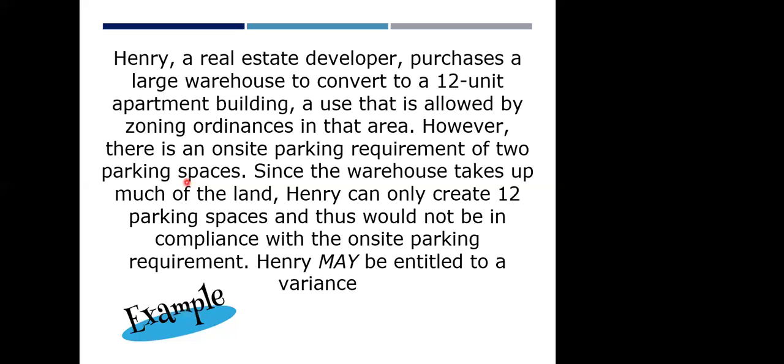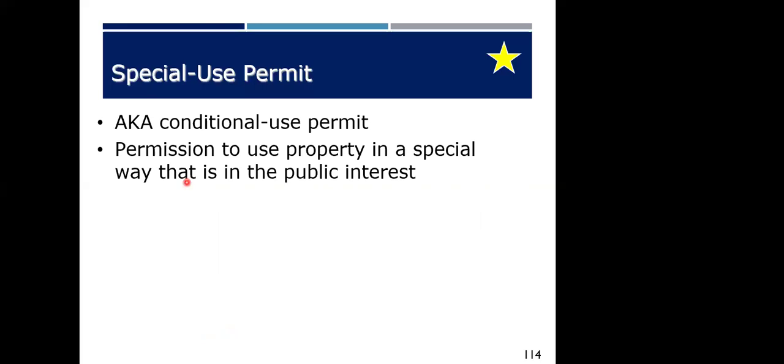Another zoning term is a special use permit, also known as a conditional use. Several of these things have several different terms or words. So this is permission to use the property in a special way. Again, the key here is it's going to be in the public interest. So for example, you might have a church in a residential neighborhood.